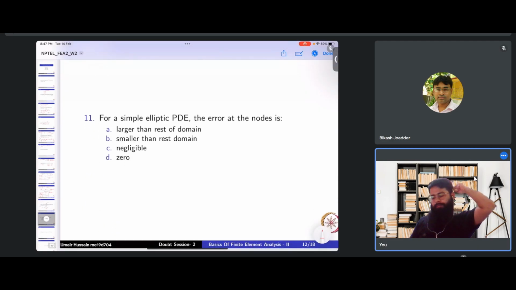Okay, so then we have the next question. For a simple elliptic partial differential equation, is the error at the nodes larger than the rest of the domain, smaller than the rest of the domain, negligible, or zero?